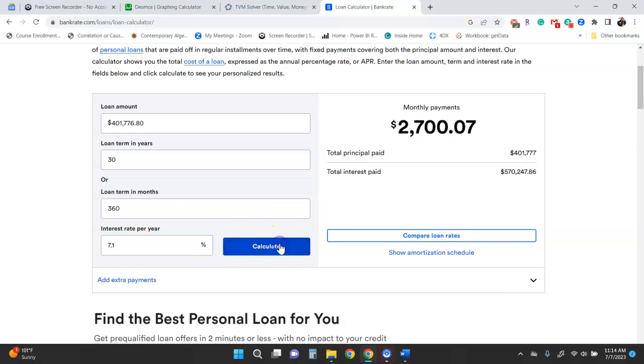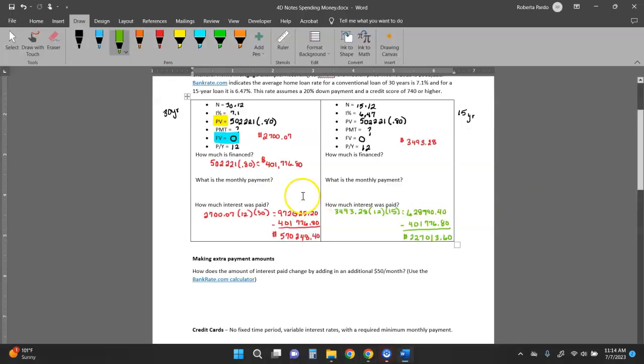If we hit calculate, there's our $2,700.07. The total interest paid was $570,000, which should match our $570,000 here as well.